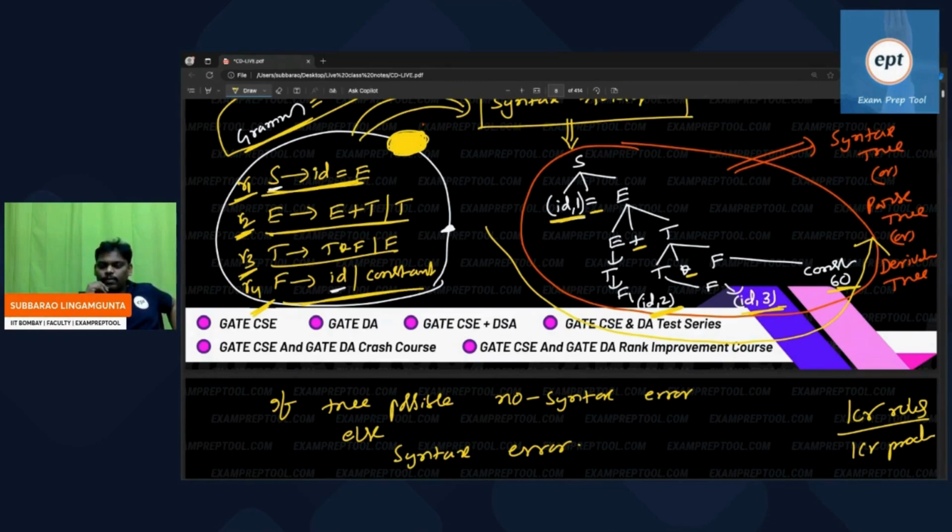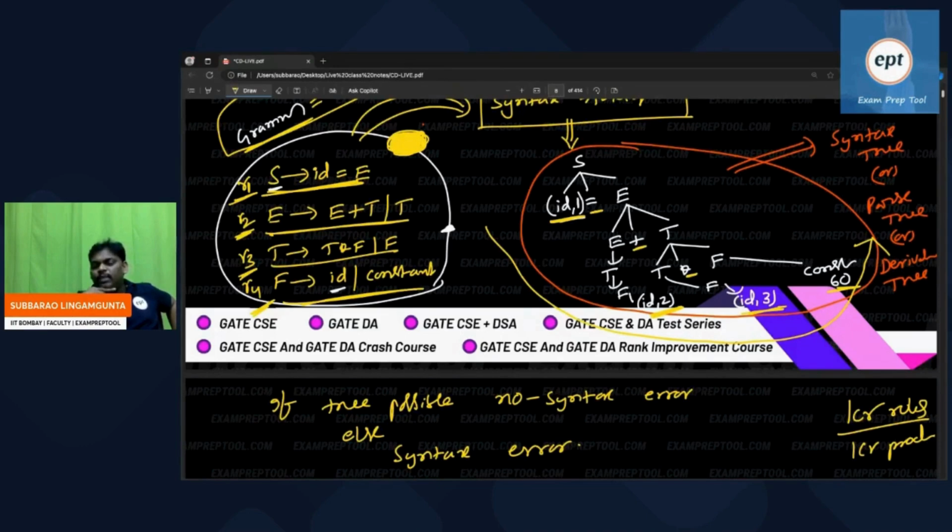From today onwards, compilation successful means the tree is created.